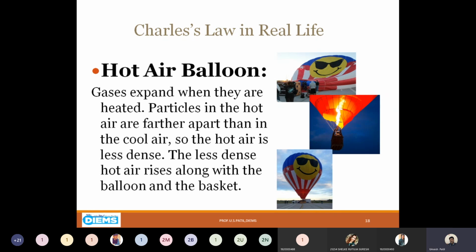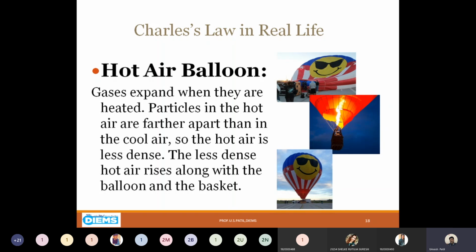As soon as air is heated, as we know, hot air is lighter in weight than cold air. So this hot air will move in the upward direction, and it will carry the balloon along with the basket upward.